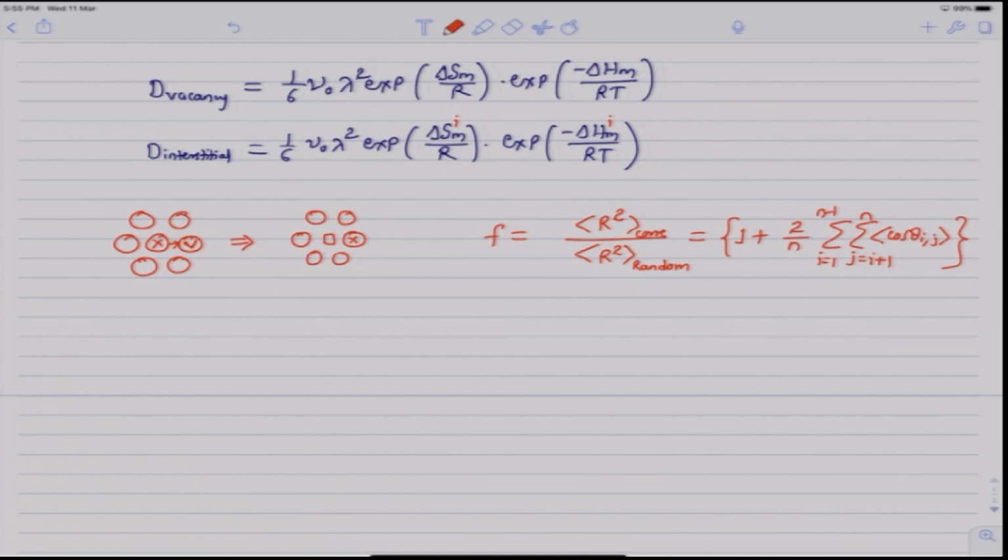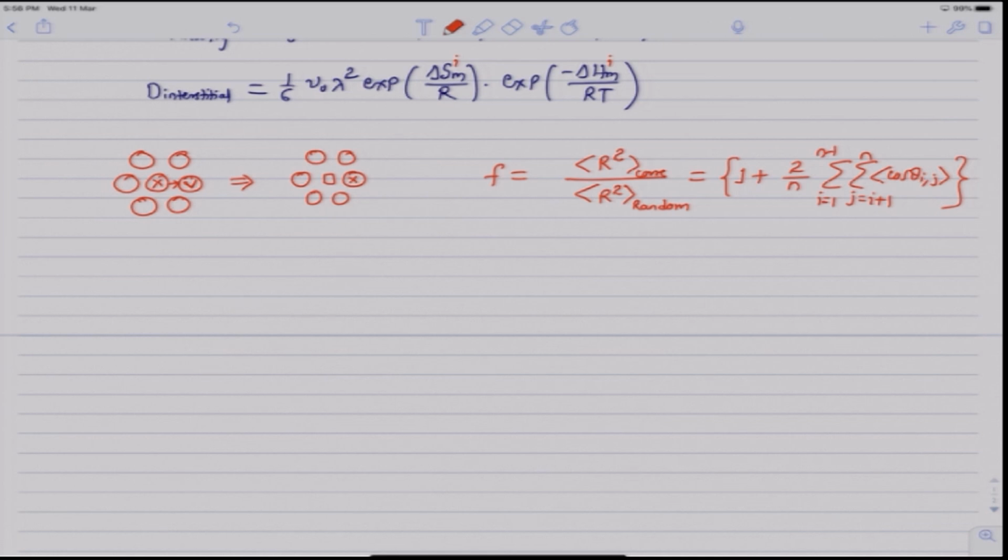So, we need to determine the average of cos theta i j, and i and j vary from 1 to n minus 1 and i plus 1 to n. So, we need to consider the combination of each jump with every other jump that occurred after it in order to evaluate the correlation factor f. Now, let us try to determine this correlation factor here.